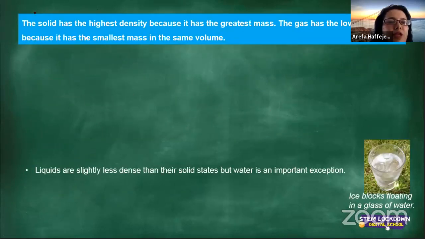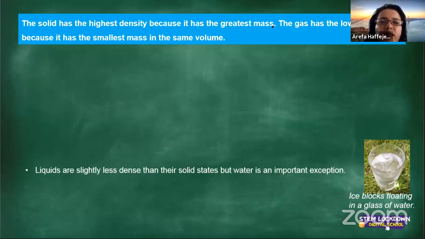The solid has the highest density because it has the greatest mass, because those particles are tightly compact next to each other in a definite shape. The gas has the lowest density because it has the smallest mass, even though it is the same volume.